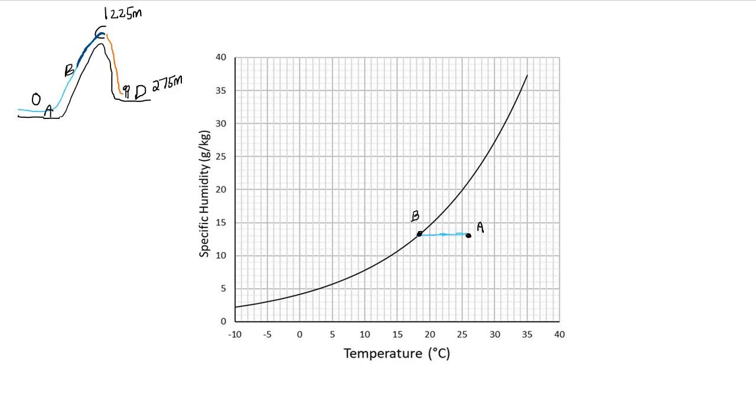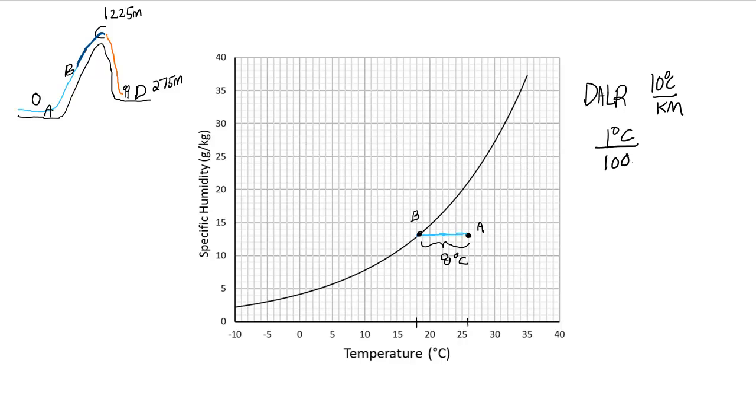From the diagram, we can read off the temperature change that must have occurred to get there. Point B is at 18 degrees C. Point A was at 26 degrees C. So this temperature change that occurred as it rose up the mountain was 8 degrees C. And because we're rising without precipitating, we're going to use the dry adiabatic lapse rate of 10 degrees C per kilometer, which is the same as 1 degree C per 100 meters.